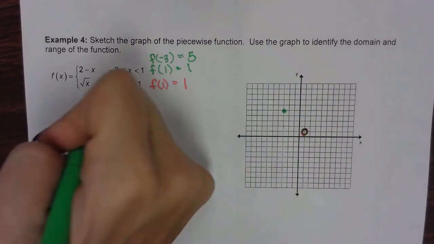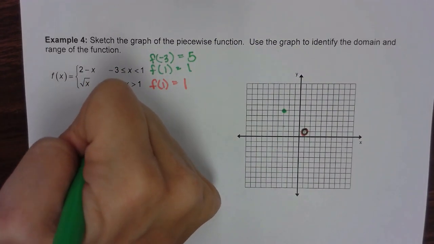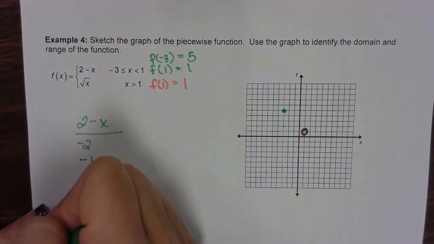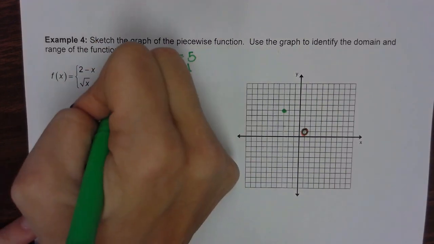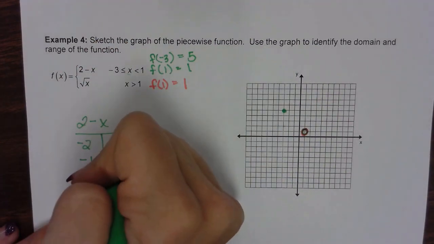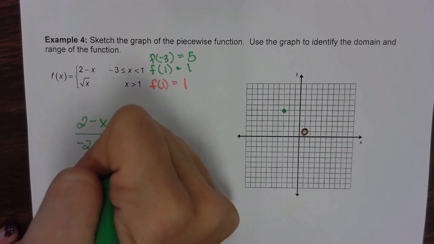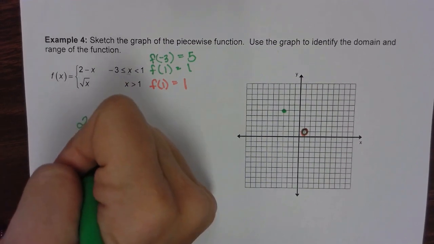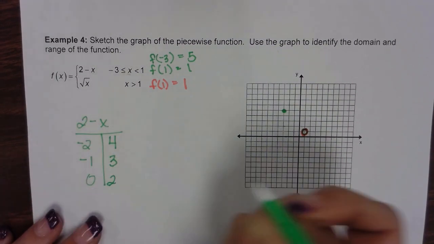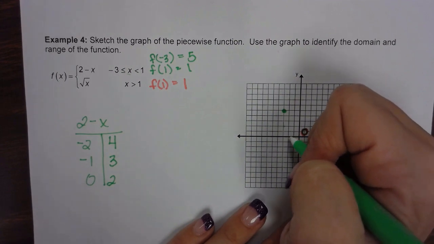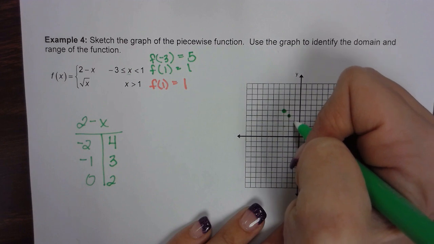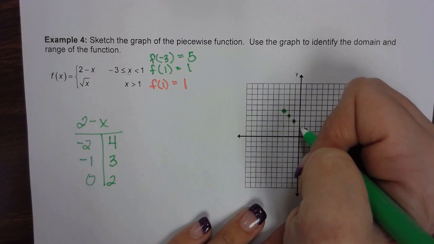So let's do our linear here. 2 minus x. So let's do -2, -1, and 0, because it's in between the two. That would be 2 minus -2 is 4. 2 minus -1 is 3. 2 minus 0 is 2. -2, 4. -1, 3, 0, 2.